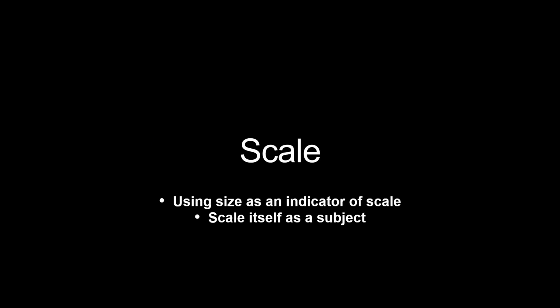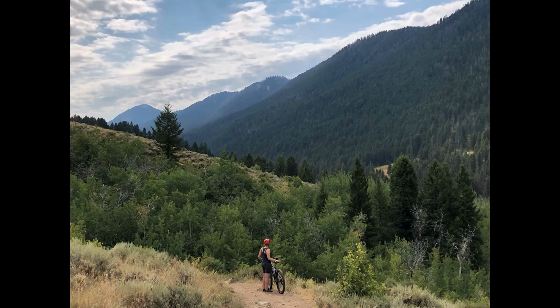Now for a few examples of scale. So if you are taking into account the size of your subject matters and comparing them against each other, then you can get an idea of how big or small they each are. This photo is showing a view of Snow King Mountain in Jackson Hole, Wyoming. We had rented bikes for the day and mountain biked around.